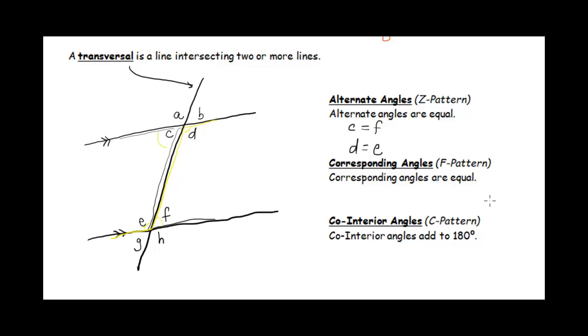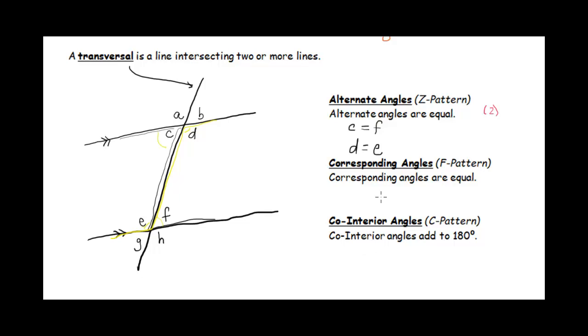In each pair of parallel lines with a transversal, you're going to find two sets of Z's, or two sets of alternate angles. So I'm going to put a 2 here. There's two of these in every set of parallel lines.